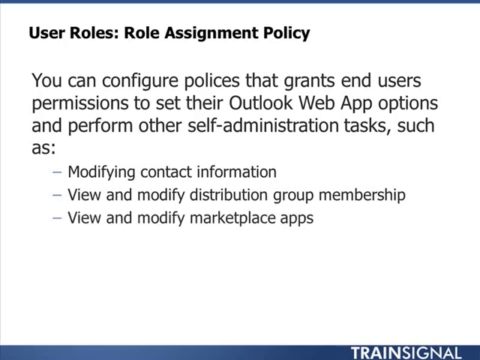And those are just a few. There are actually quite a number of different self-administration tasks that you can assign to the end user, or you can remove from being assigned to the end user. So let's jump back over to our server and let's take a look at the default role assignment policy for the Exchange organization.